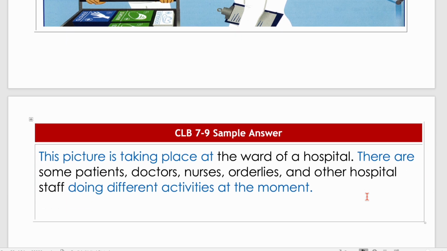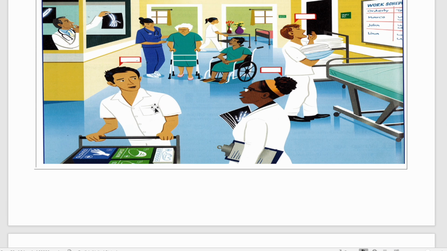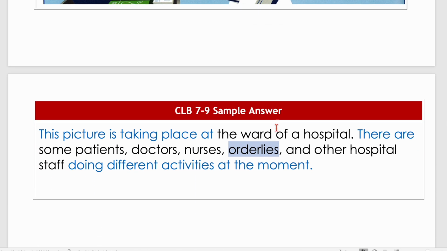So that's what I mean by more vocabulary. Not just lower levels, maybe even 7 to 8s, wouldn't know orderlies, okay? Some of the hospital staff here are called orderlies. They're like nursing assistants, okay? We can say nursing assistants here. I don't see it here. Okay.